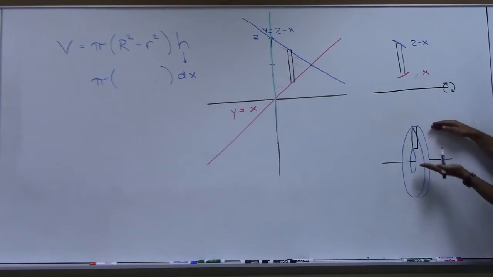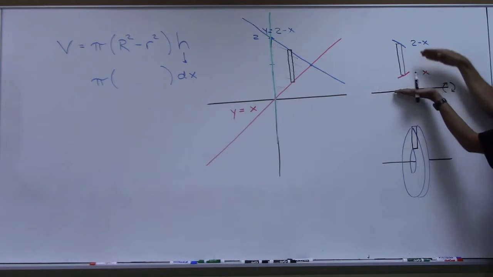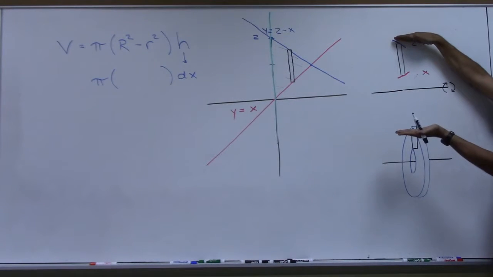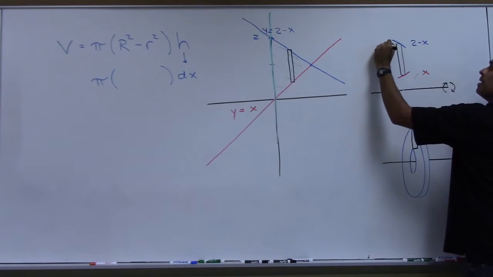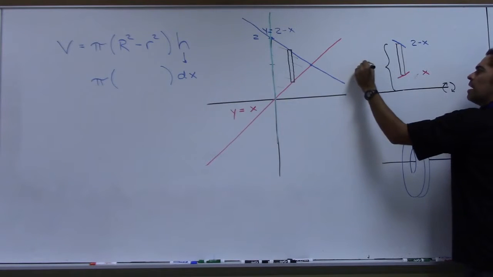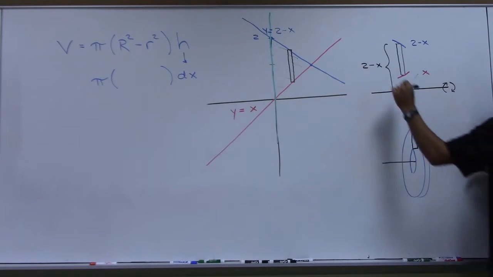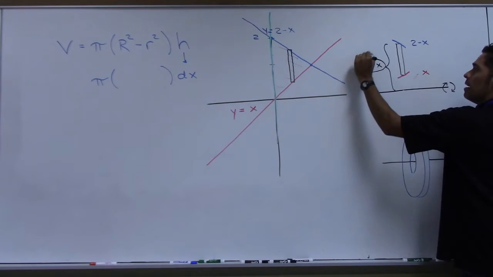We know that the distance from the x-axis to the top of this rectangle is the same as the distance from here to here, which is 2 minus x. From here on out, I'm going to label this as the out.